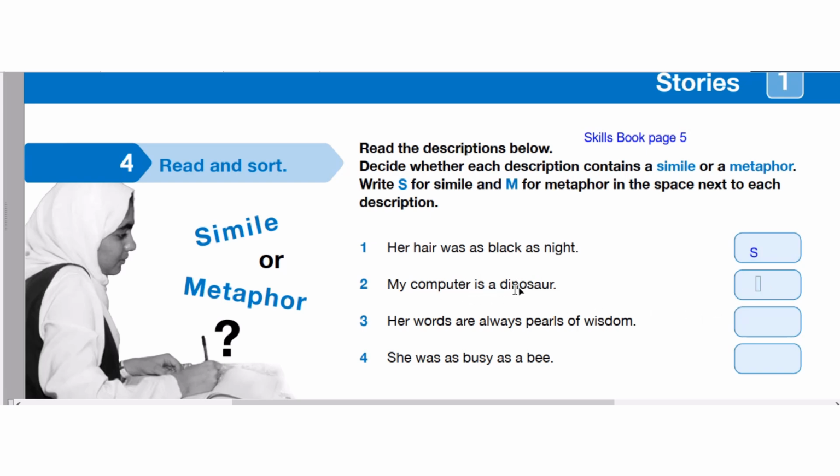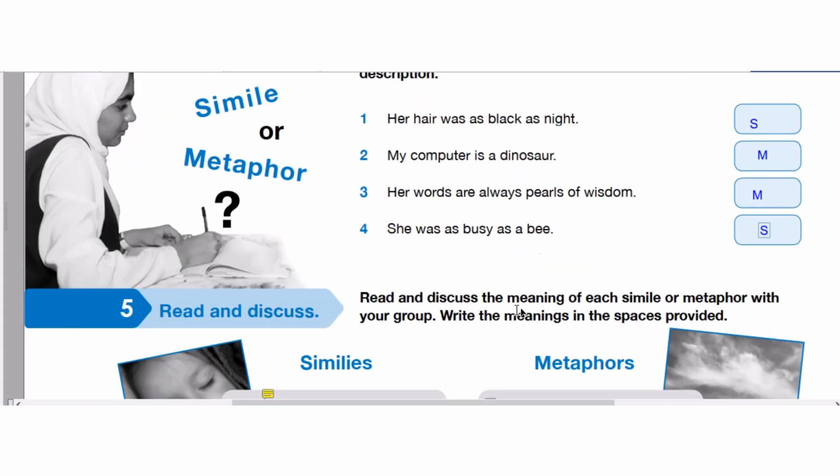My computer is not a dinosaur. But this is a metaphor, because we compare them in some characteristics. Her words are always pearls of wisdom. Her words are not pearls of wisdom. So this is also a metaphor. She was as busy as a bee. Very good. Simile.